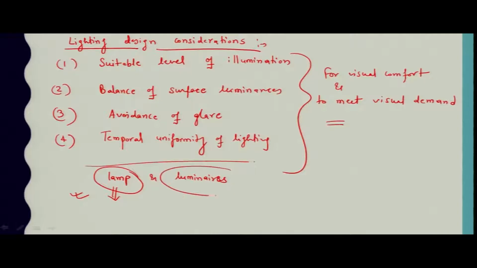A luminaire is a complete lighting unit. It may include one or more lamps, reflectors and other apparatus to distribute the light and a means to connect it to the power supply.